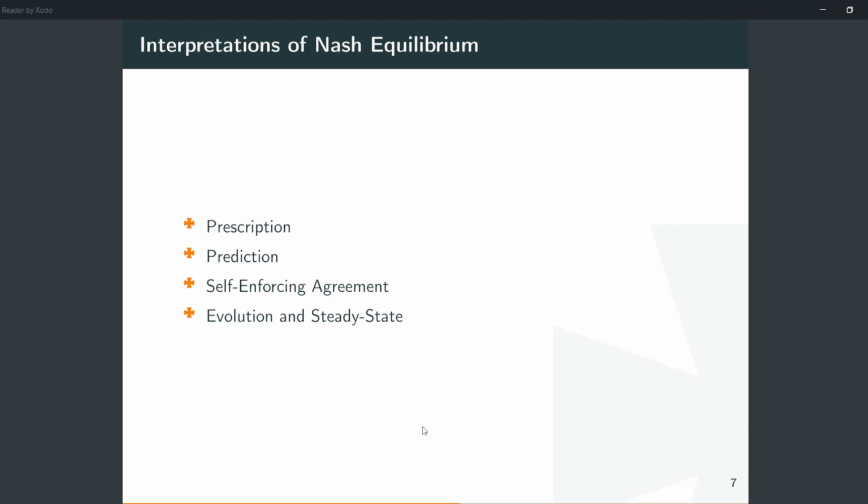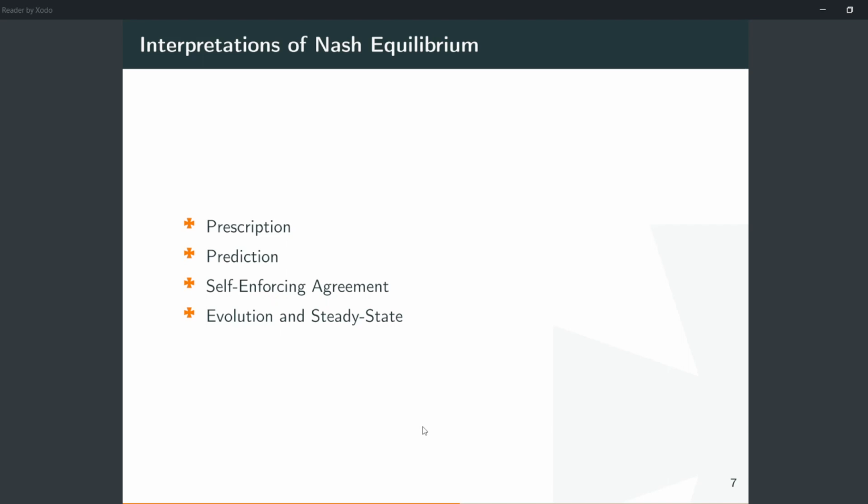Another way to see it is as a prediction. If all the players are rational and intelligent, and they all know that the others are rational and intelligent, then a Nash equilibrium provides one possible scientific prediction for the game: a self-enforcing agreement.